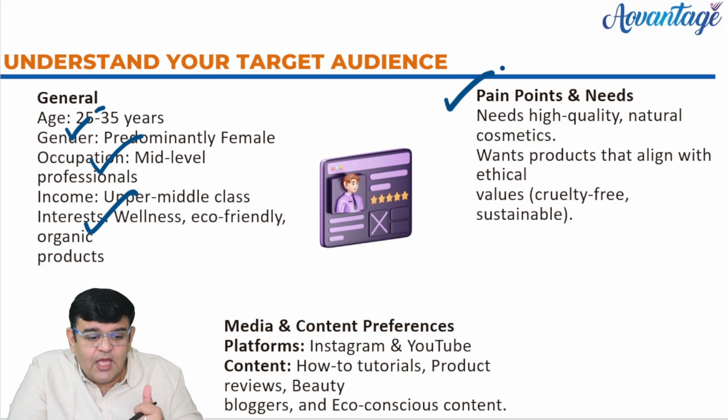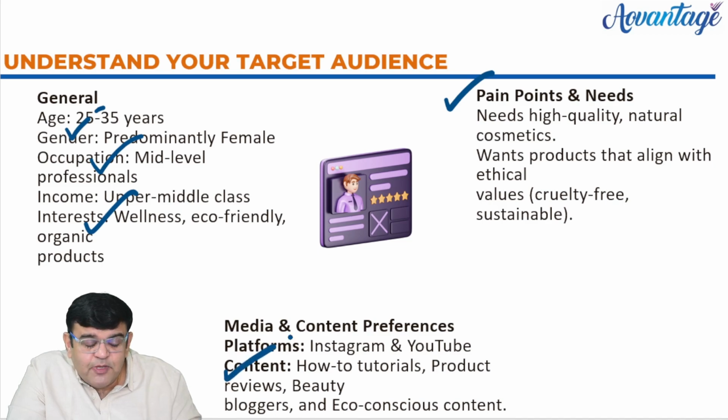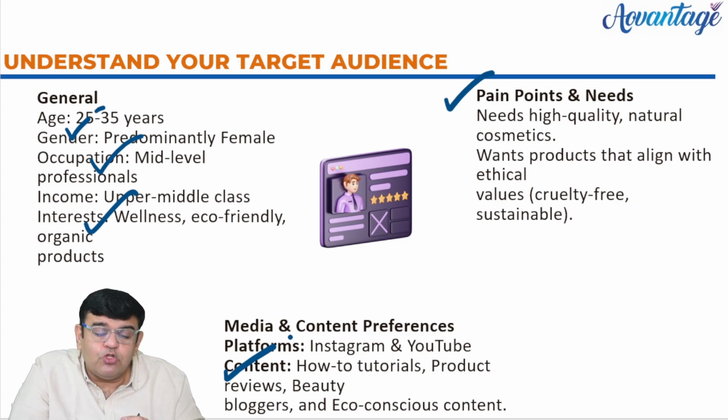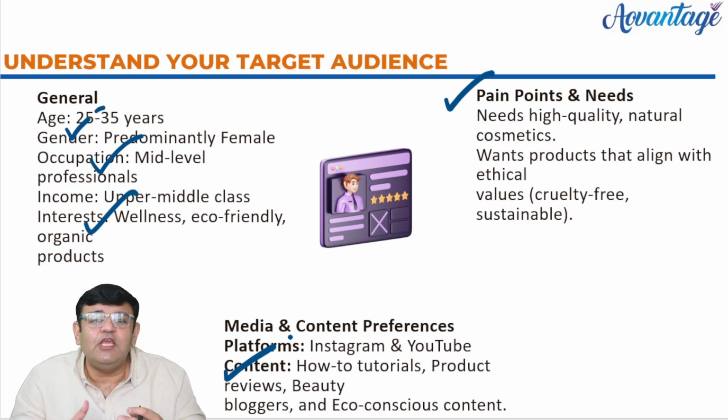Number 1, she prefers Instagram and YouTube as channels, and is especially keen on how-to tutorials, product reviews, looks at what beauty bloggers are saying, and also keeps searching for eco-friendly content.